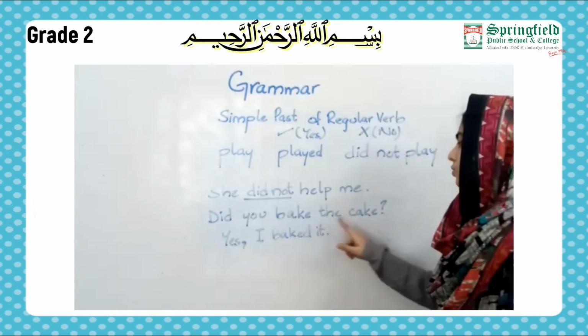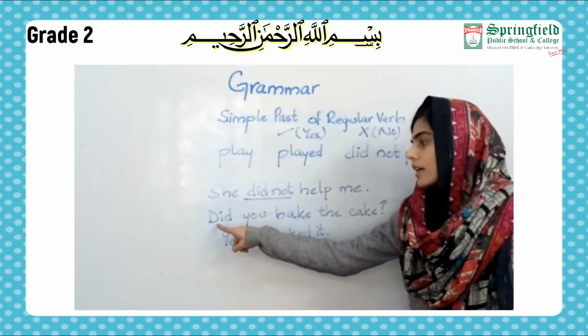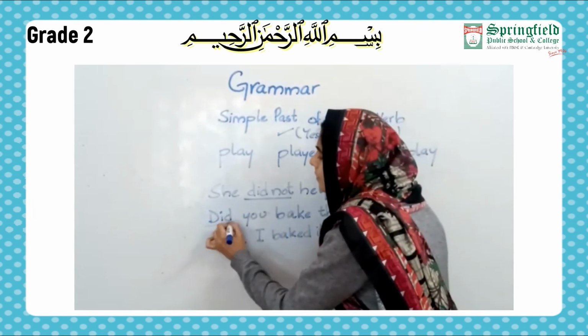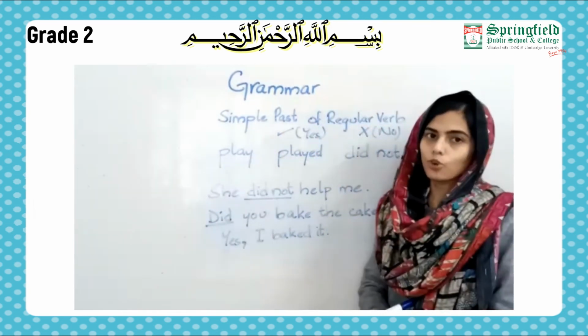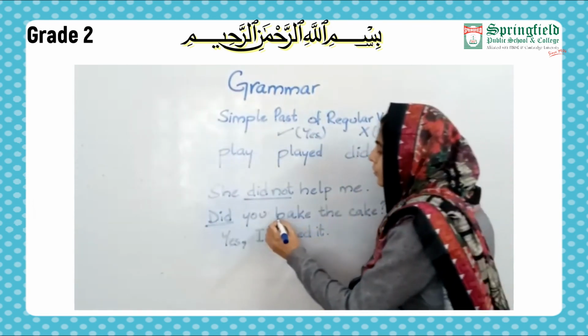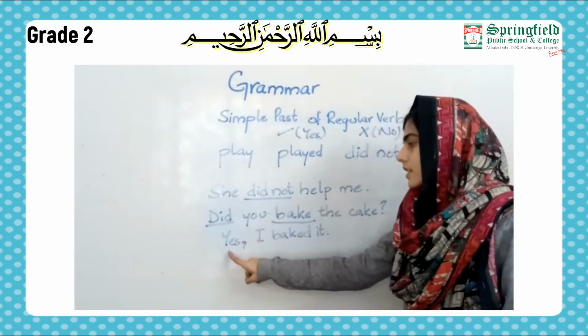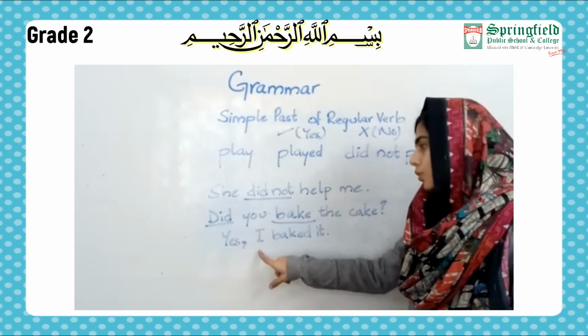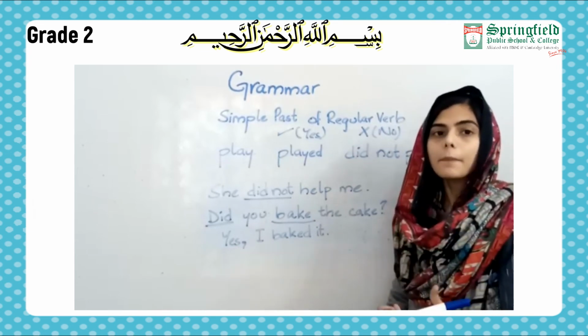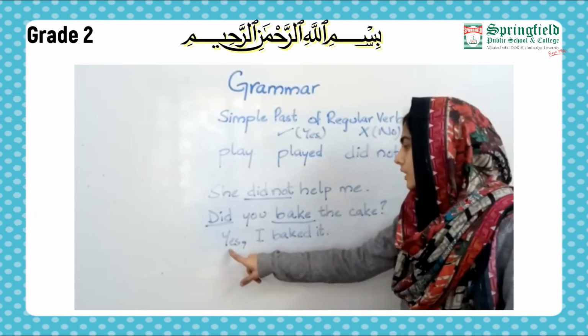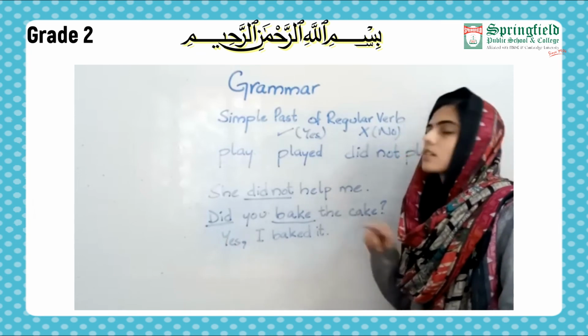This is the answer to the question. Now as you can see, we have got did here. Any statement that has got did, the form of the verb will remain the same. Whereas in the answer, as there was no did and we were talking in the past form, so we used yes, I baked it.